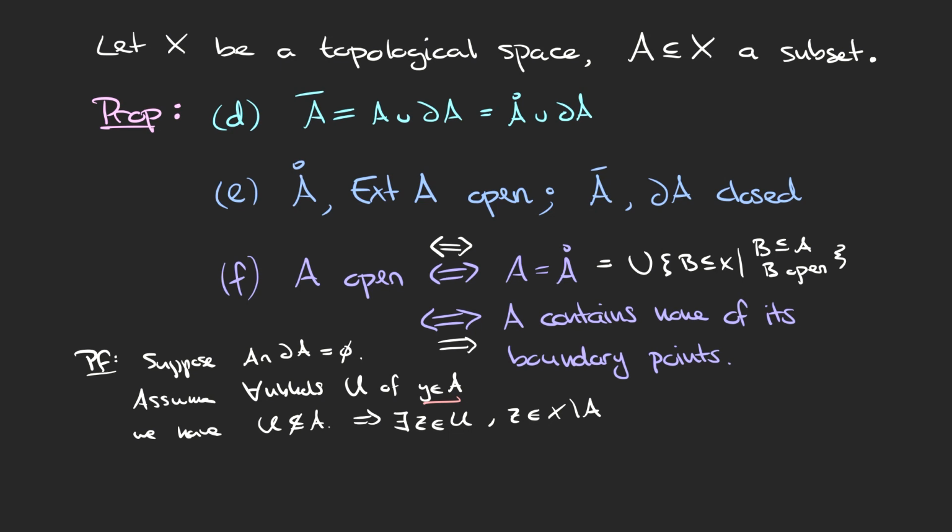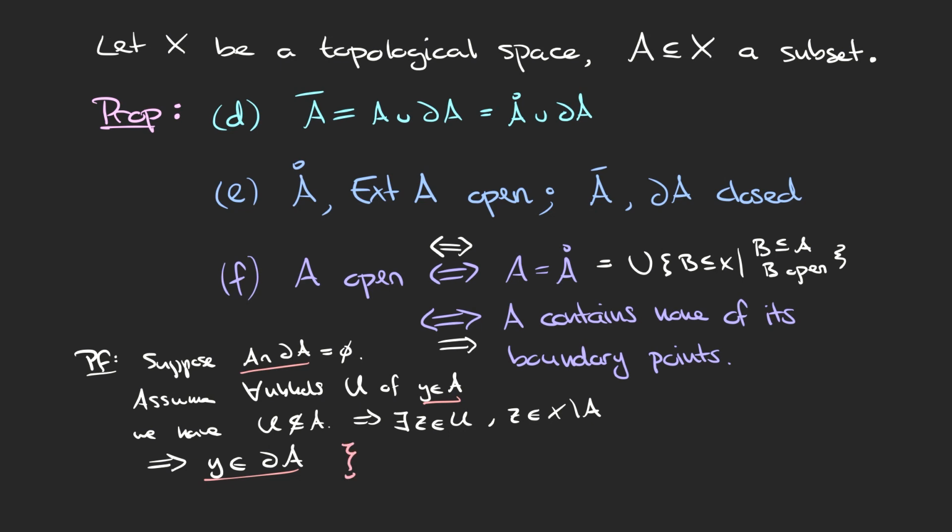And this was another one of the statements we had earlier in the proposition, namely that a point is in the boundary of the set A if and only if every neighborhood of it contains both a point of A and a point of the complement of A. So together this implies that Y is actually in the boundary of A. But now this is a contradiction because we have at the same time that Y is in A and Y is in the boundary of A, but we assumed that the boundary of A and A were disjoint.